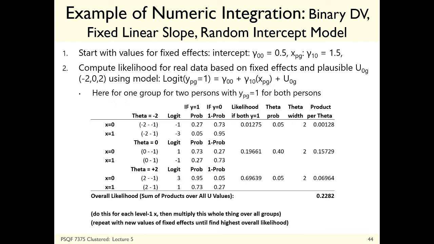I'll try on, say, a U of negative 2. If I plug in a negative 2 for my U here, the total logit ends up being minus 1.